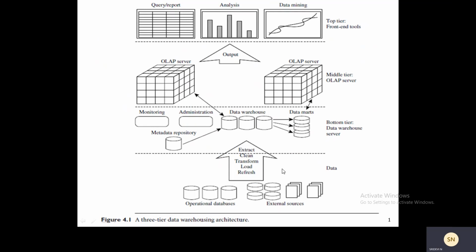Then we have backend tools and utilities. These are used to feed data into the bottom tier from operational databases and other external sources, like customer profile information provided by external consultants.